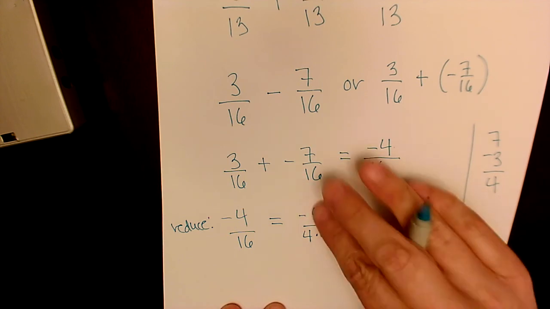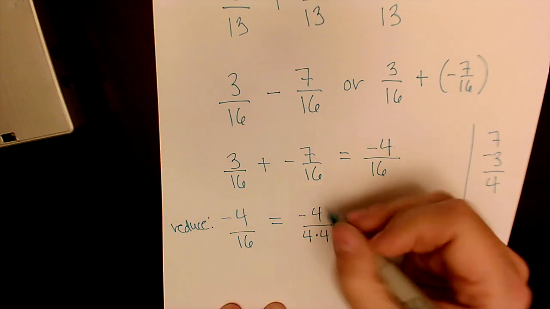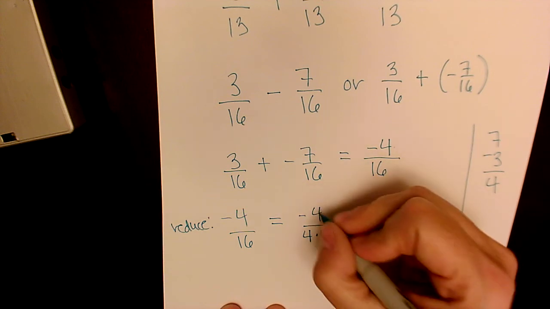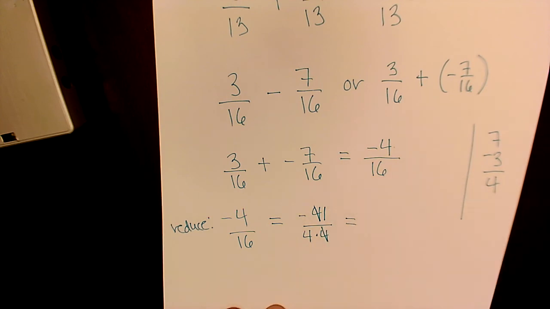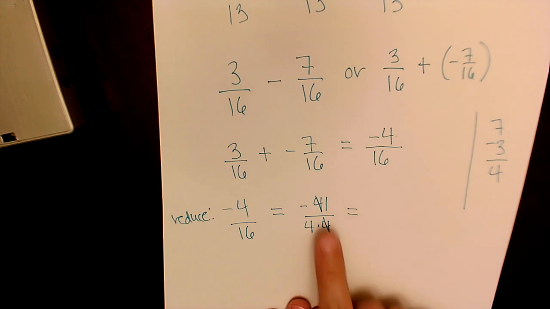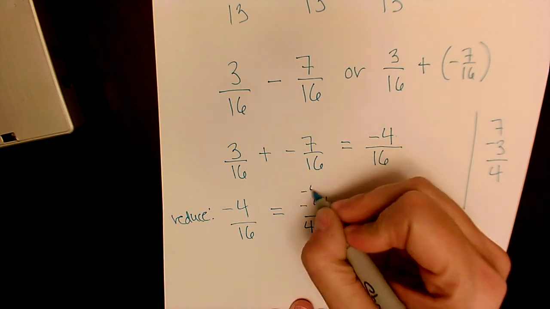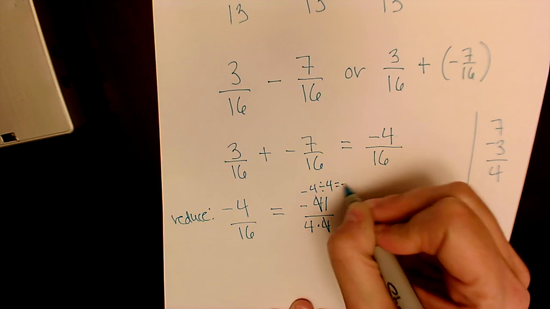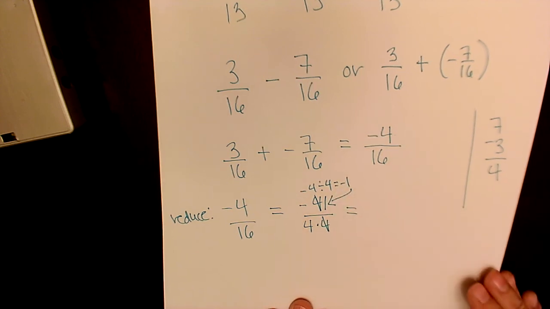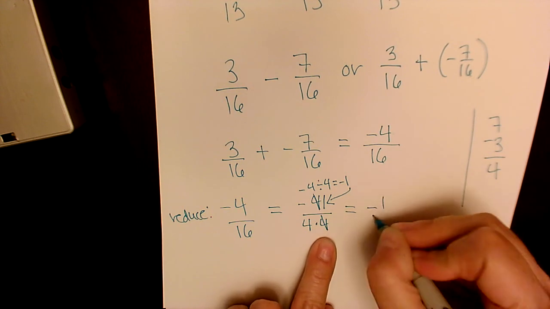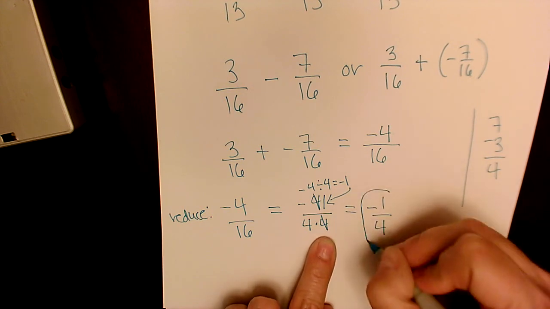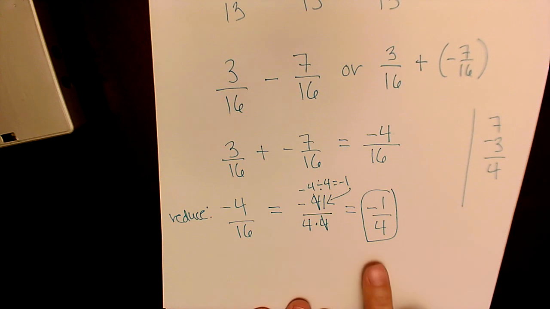I'm going to divide a 4 out of both of these. So what's a negative 4 divided by 4? Well, that's going to leave me a 1, and this is going to go. So again, I divided top and bottom by 4, positive 4. So this was negative 4 divided by 4, which gives me negative 1. So I've got a negative 1 on top and a 4 on the bottom. So that is my final answer reduced.